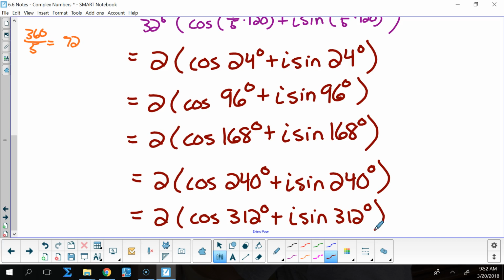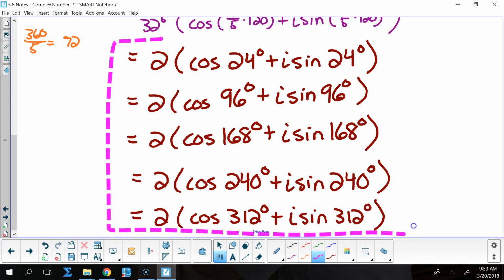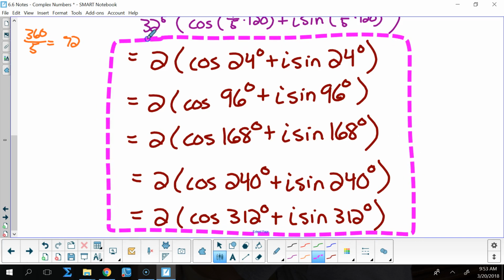So I'm back to the beginning. Because really 72 plus 312 is 384. Bring it back inside my first lap, gets me at 24. Okay? So there's my 5 roots, the 5th roots of negative 16 plus 16i square roots of 3.